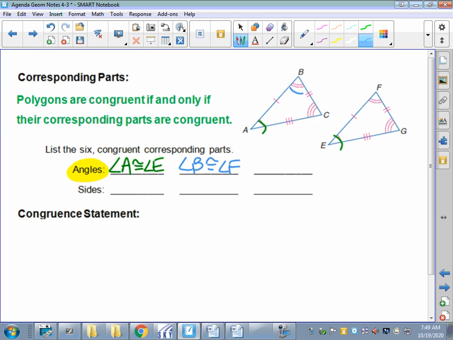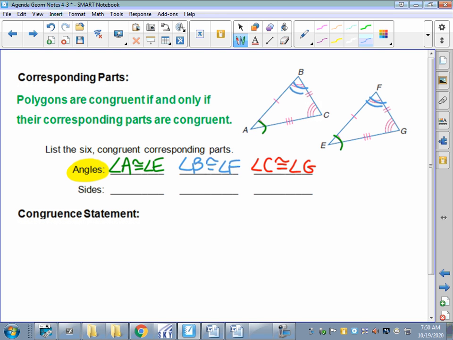So that's telling me that these two are congruent to each other. They are corresponding angles. And last but not least, that leaves angle C corresponding to angle G. We know that they're congruent. If we picked up one triangle and put it on top of the other, they would be matching exactly.